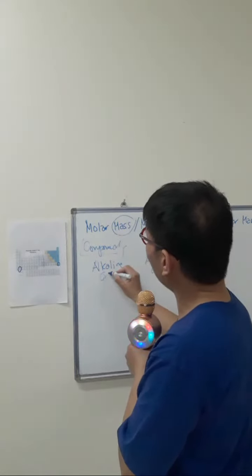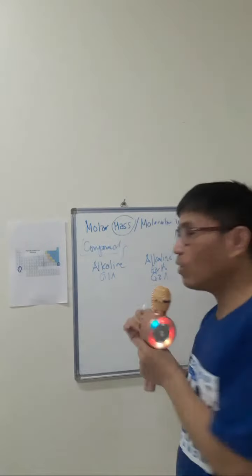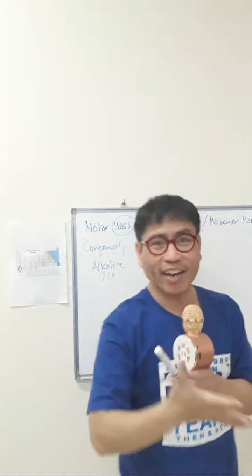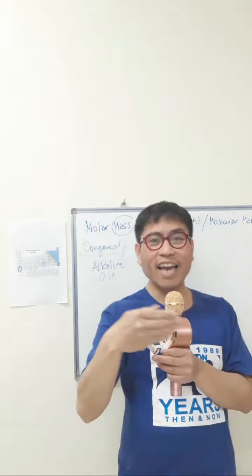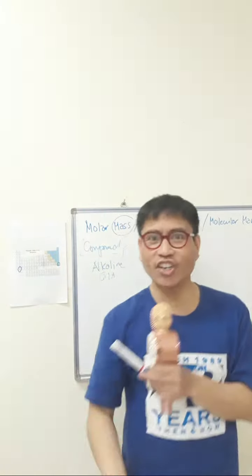Alkaline earth is group 2A. Don't forget the term earth. That's the only difference between group 1A and group 2A, alkali and alkaline earth.